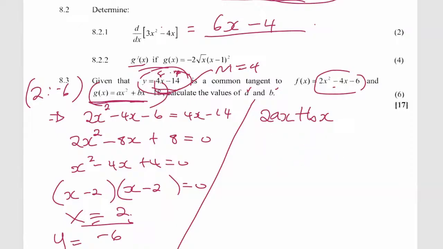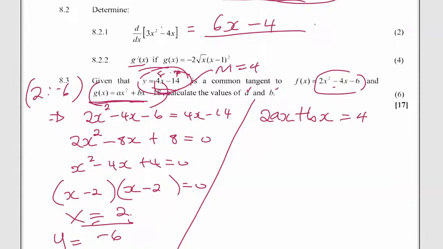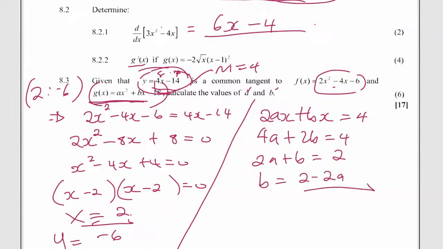So it's saying 2ax plus bx must give us a 4. When x is 2, then we're going to have 4a plus 2b gives us 4. Divided through by 2, 2a plus b gives us 2, meaning that b is going to be 2 minus 2a.